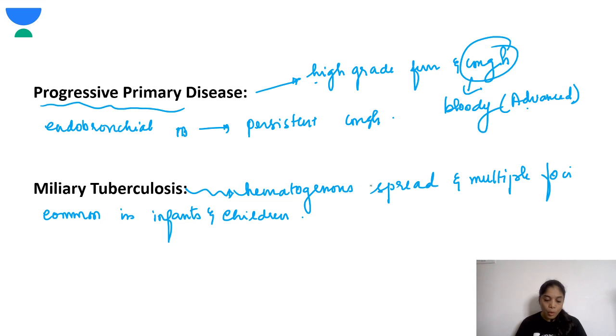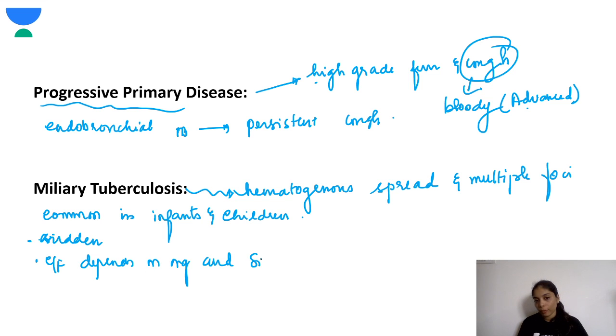Now as I've told you here, there is an abrupt, sudden onset of symptoms. The clinical features will depend on the virulence of the organism and the organ which is involved, the organism and the site of involvement.